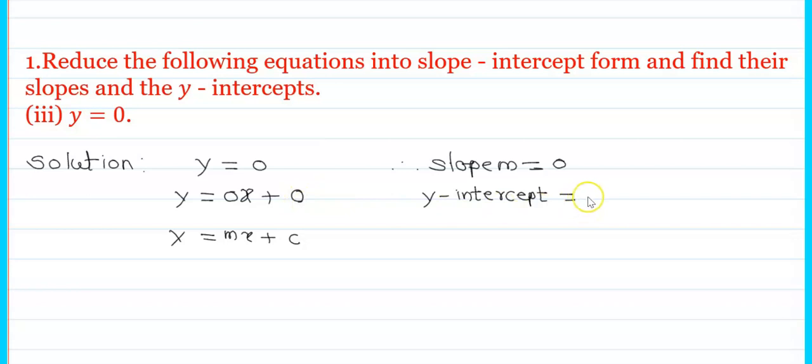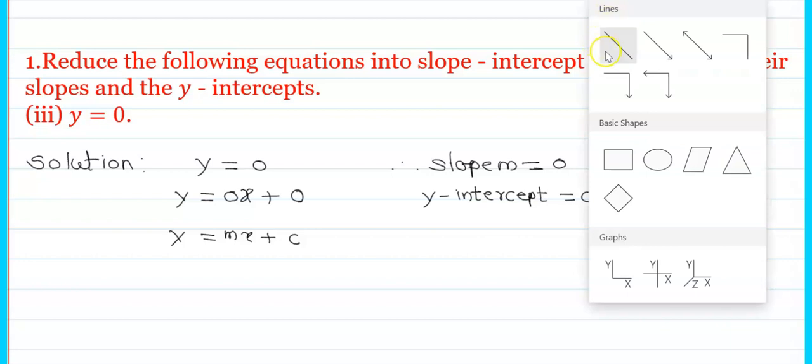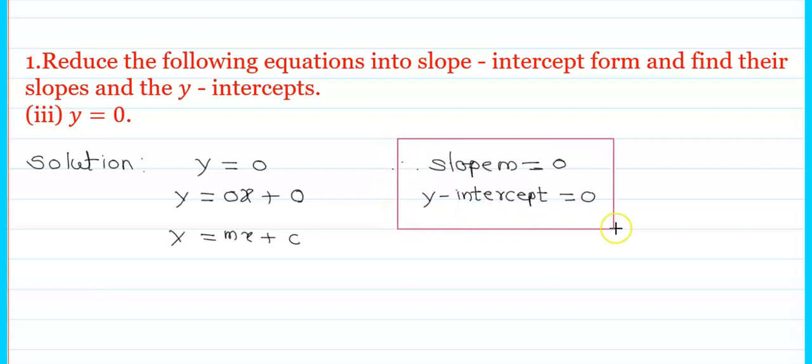As here y = 0, this is nothing but the equation of the x-axis, and the x-axis has slope 0 and its y-intercept is also 0. Okay, I will take the next question.